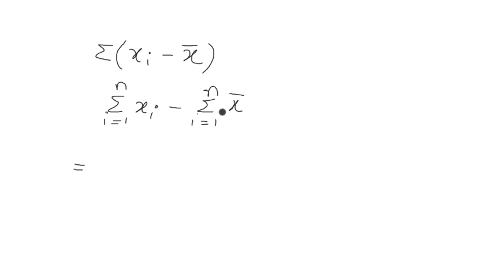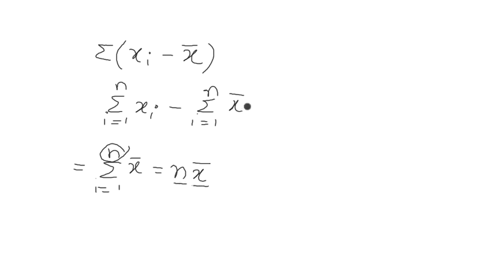So we can write summation i equal to 1 to n of x bar as n x bar, because summation is varying from 1 to n, so I have multiplied x bar by n.